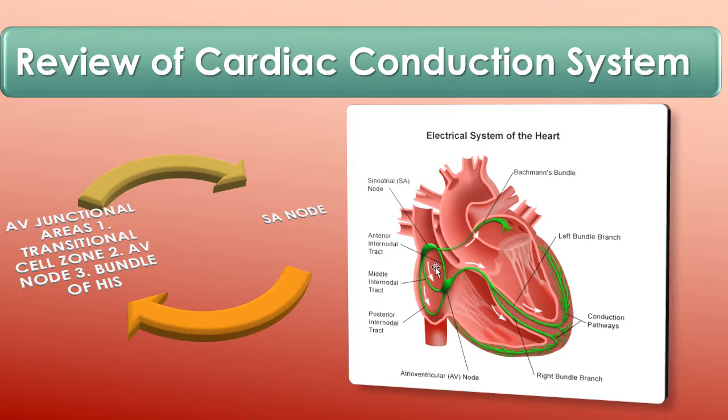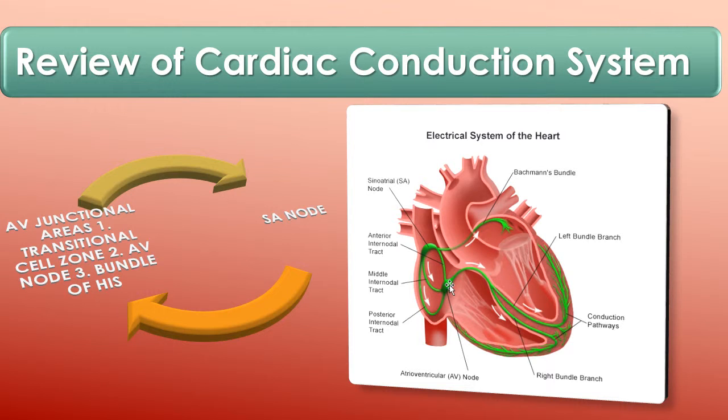This on the EKG is going to be signaled by the P wave. The atrial muscle contraction normally follows the conduction pathways, the slow and fast ones in the atrial muscle, that lead to the AV node. The atrioventricular junctional area consists of the transitional cell zone, the AV node itself here, and the bundle of His.